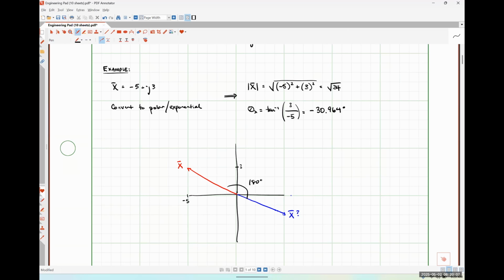Luckily for you all, if you picked up the Casio 115 or a Casio 991 or a TI 36X, it can actually do these conversions automatically for you, and you will never have to worry about whether you need to remember to add or subtract 180 degrees by doing this stuff by hand. So this is one of the reasons why having a good calculator for this particular portion of the class is so important, okay?